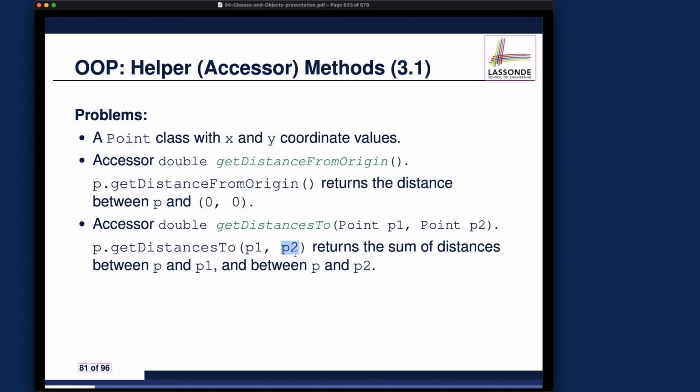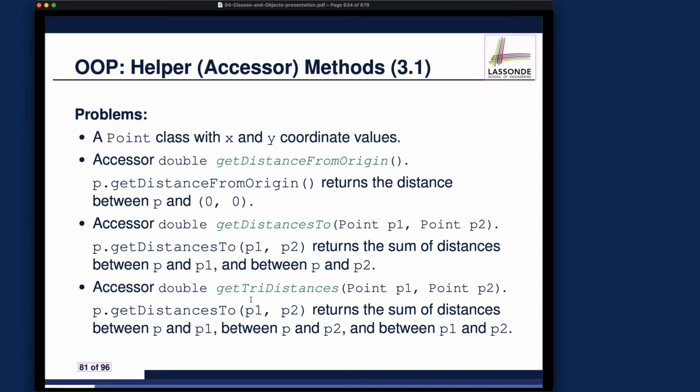Another one, let's say get try distances. If I say p dot get distances to, I want to calculate the summation of the distance between p and p1, between p and p2, and also between p1 and p2. The 3 distances we want to sum together and return the value.